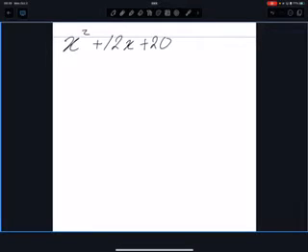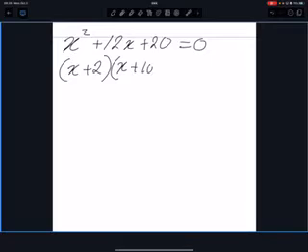So if they say write or sketch the graph, you write the formula again, equals 0. That's the first step, equals 0. Then you factorize. X plus 10 equals 0.